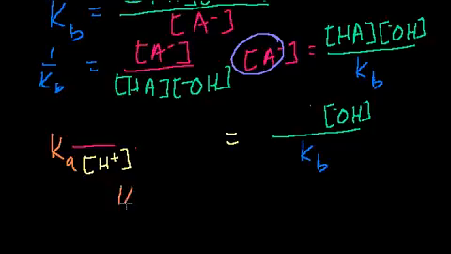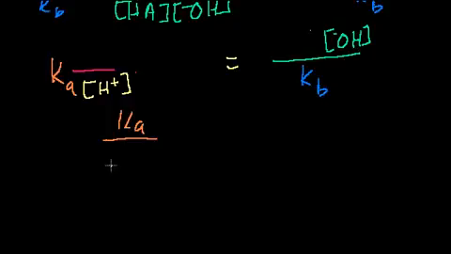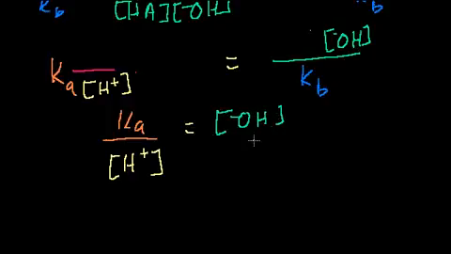And so we get Ka over our hydrogen proton concentration is equal to our hydroxide concentration divided by Kb. We can just cross multiply this.